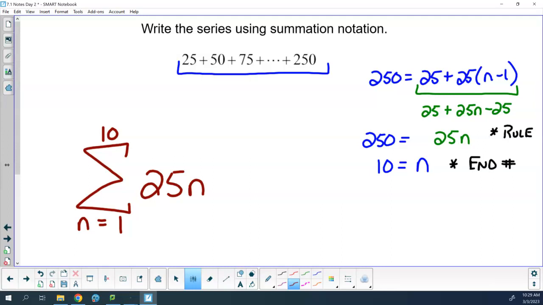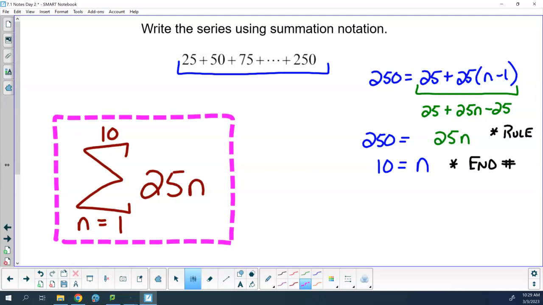And this then is the sigma notation for that series. We just said write the series using sigma notation.